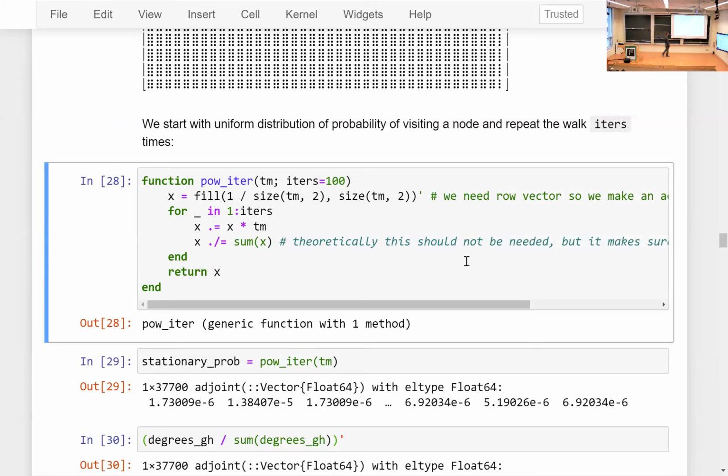Let's say the following. I start in every point with the same probability. I could actually pick any starting point because we have one connected giant component, but let's just say that we start with something uniform. Then how will this distribution change after one step? I need to multiply my row vector by the transition matrix, and I will get the distribution after one step.